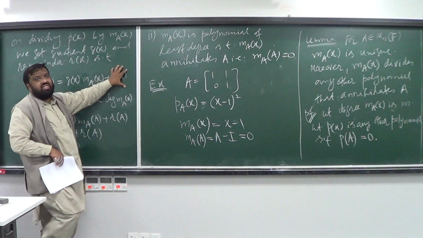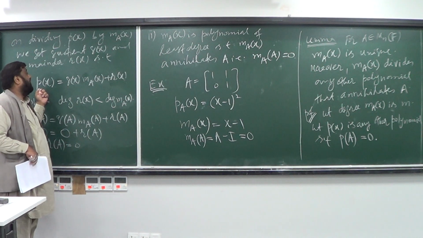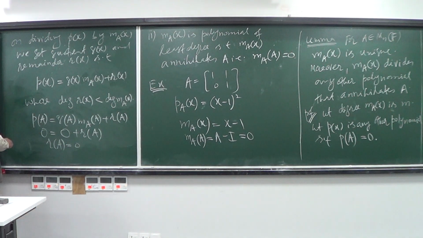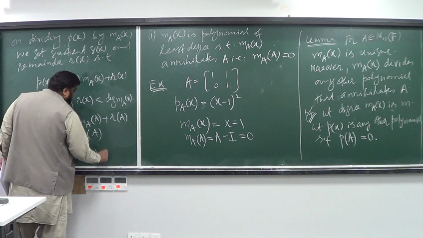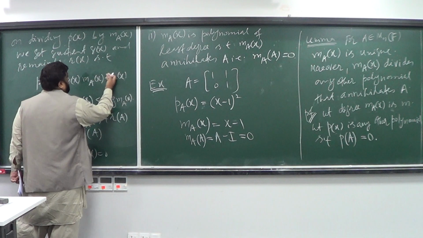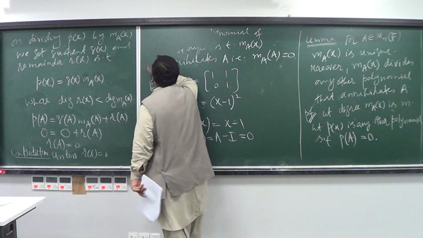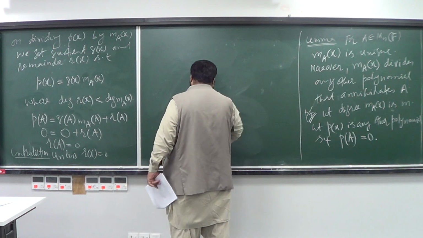If there is no remainder, this means that the minimal polynomial divides the polynomial P of x completely. This is a contradiction unless you assume that R of x is 0, that the remainder is 0. And if the remainder is 0, this means that the minimal polynomial divides the polynomial P of x.